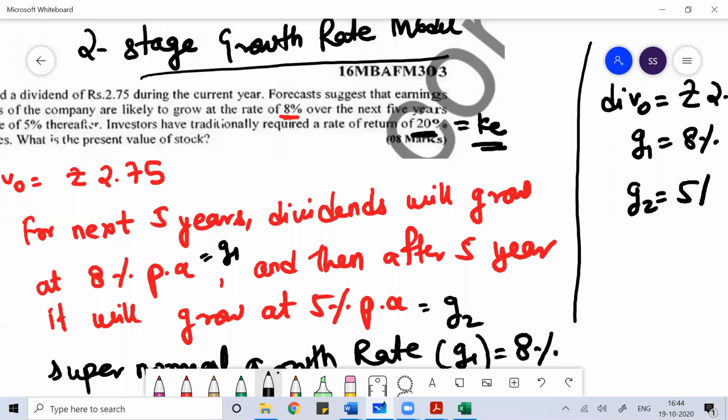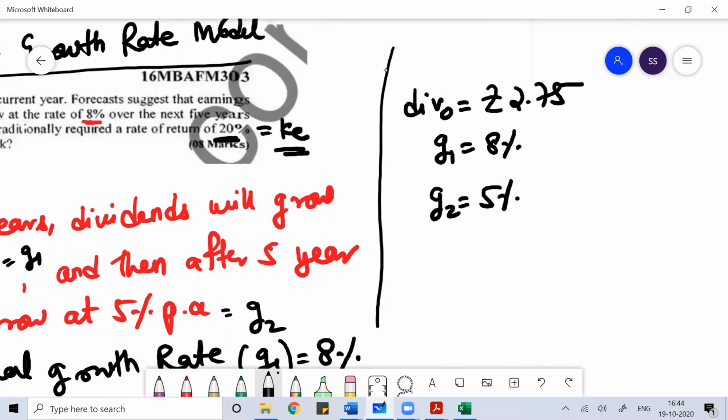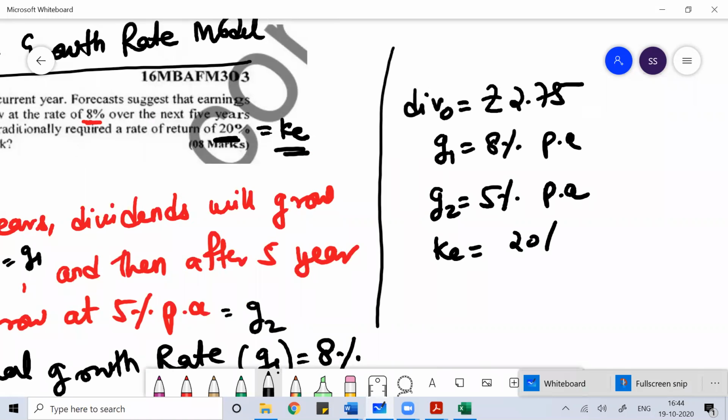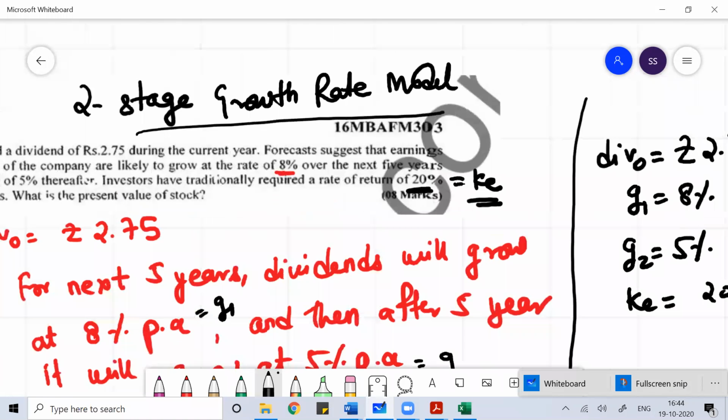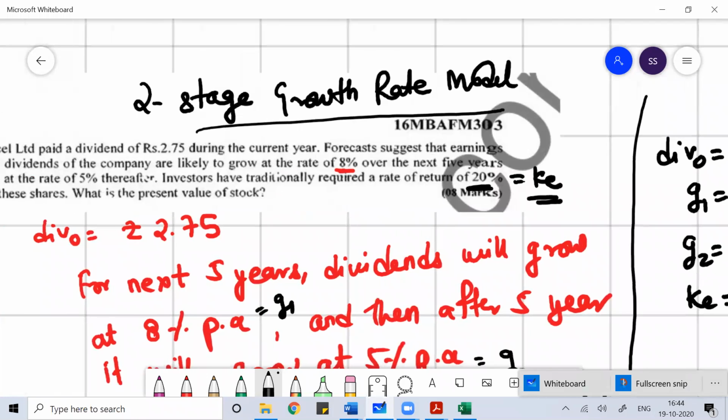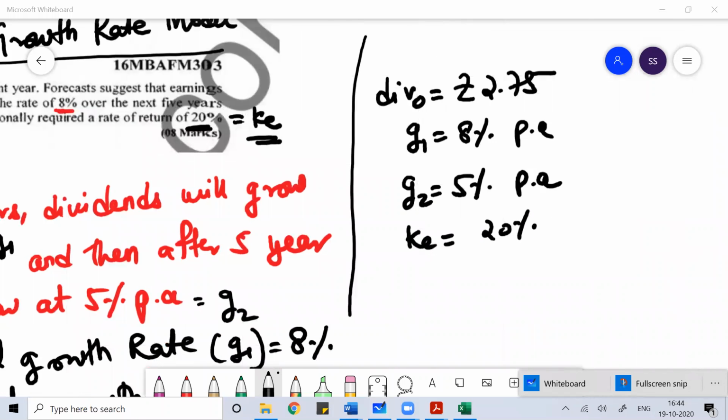The constant growth rate is 5%. The cost of equity given is 20%, and the time period n is 5 years.